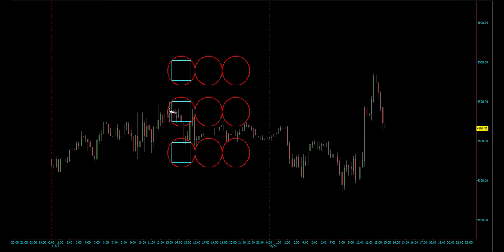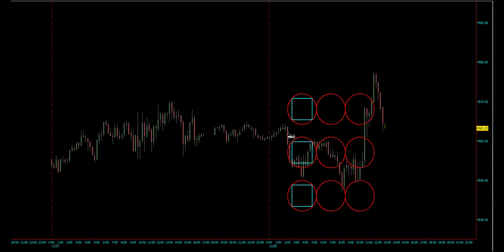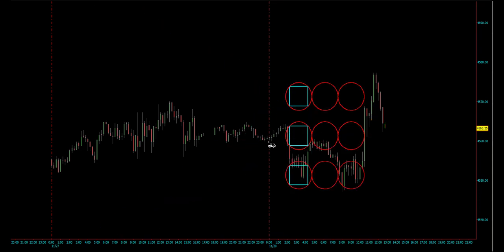Let's go here. We saw we have a change of energy. The next day is formulated and we see a big bar. We put it here. So the market is attracted to these squares. Right here you can see, and it gets reflected again.